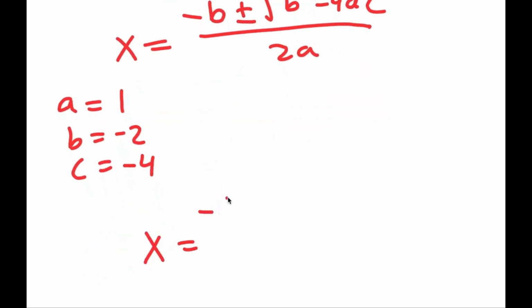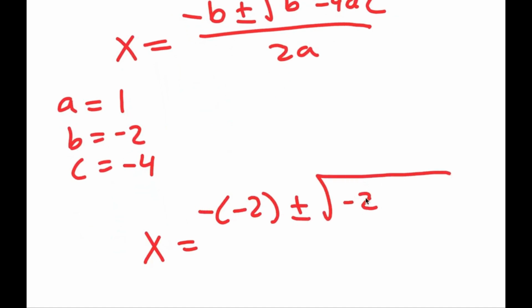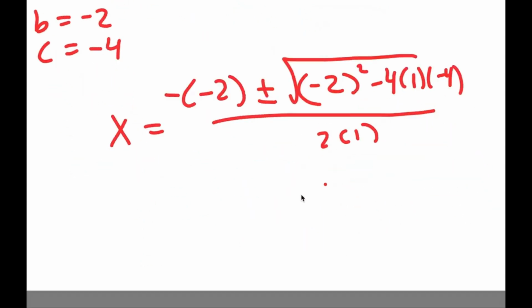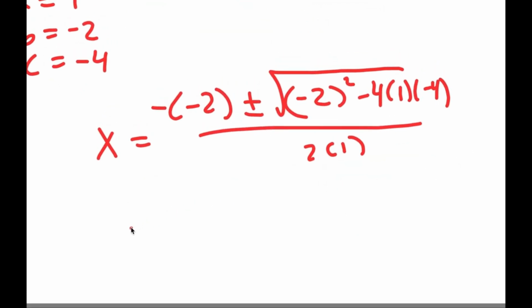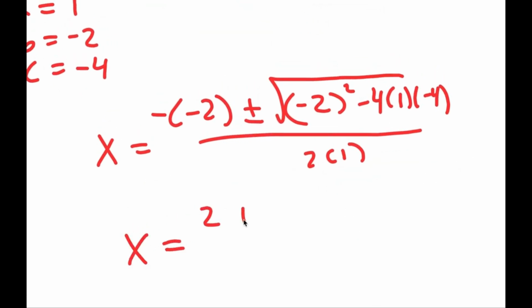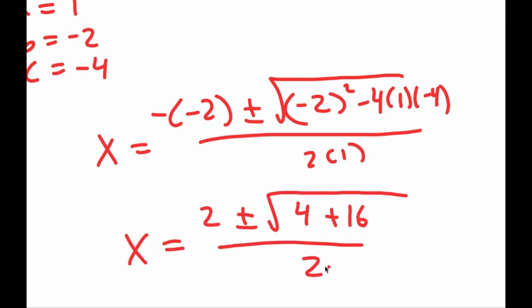So I get x is equal to negative of negative 2 plus or minus the square root of negative 2 squared minus 4 times 1 times negative 4 all over 2 times 1. Now from here, I get x is equal to 2 plus or minus the square root of 4 plus 16 over 2. So I'm going to rewrite that over here. x is equal to 2 plus or minus the square root of 20 over 2.